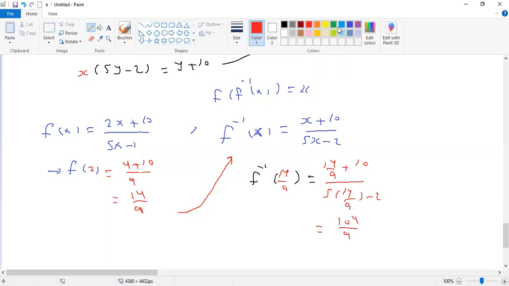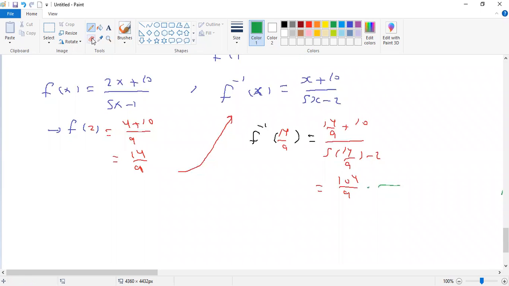And the denominator is 5 times 14 over 9, which is 70 over 9, minus 2, which is 18 over 9, so it'll be 52. So we can write 52 over 9.